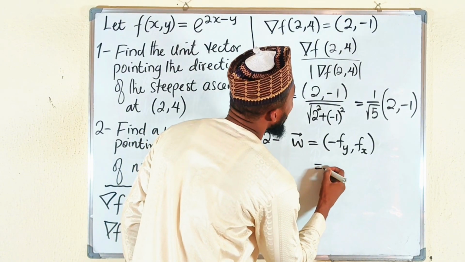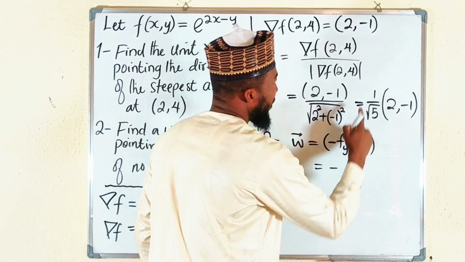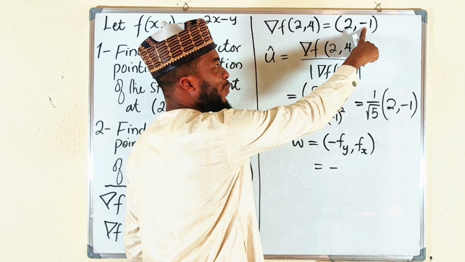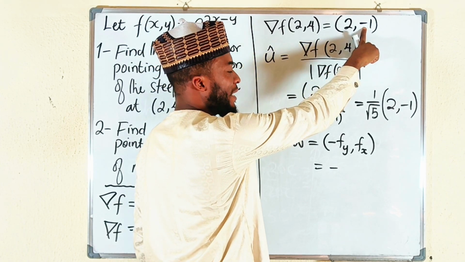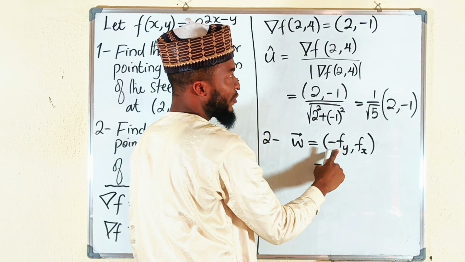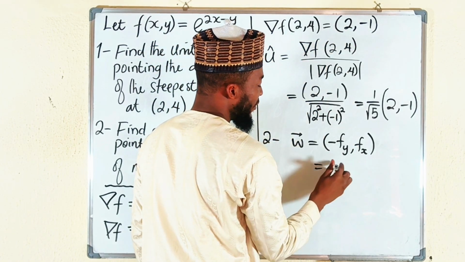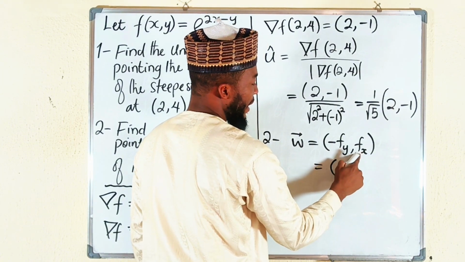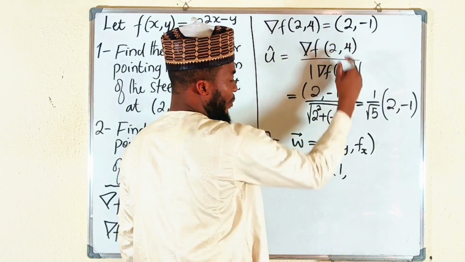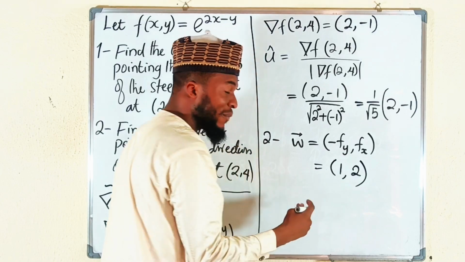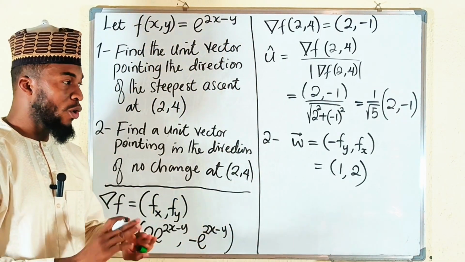Remember, this is f subscript y, but we want to negate it, so it becomes positive 1. Then f subscript x is the first component, 2. Remember, we have evaluated it at (2, 4) already.